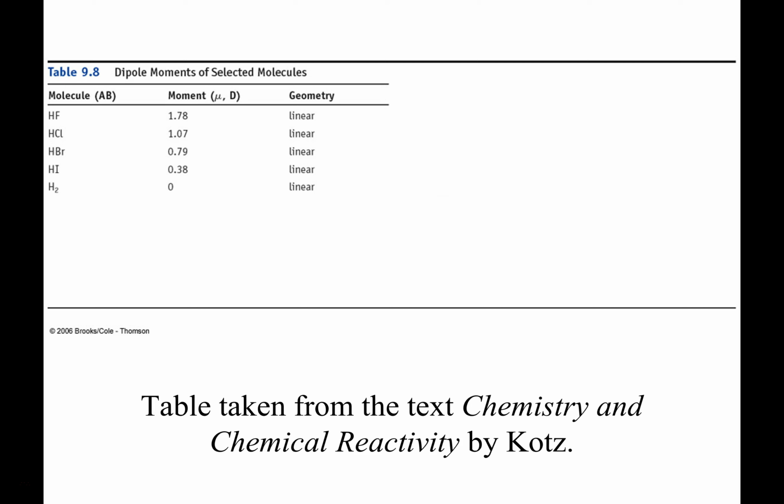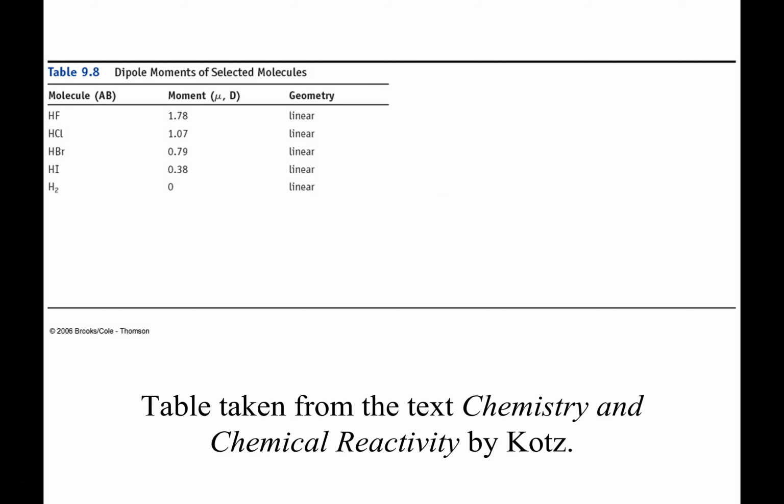Okay. So I've got some net dipole moments for some molecules here. So for instance, if we pick on H2, where you have hydrogen bonded to a hydrogen, its net dipole moment is 0. That makes sense because it's nonpolar because they're the same electronegativity. HI has a degree of polarity, and these are increasing in polarity.